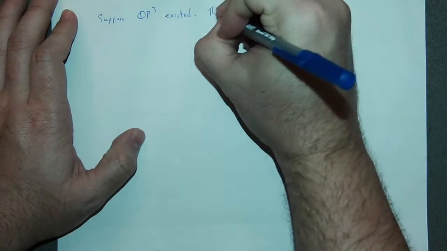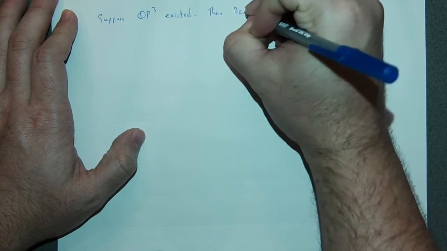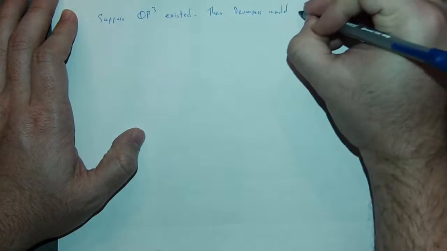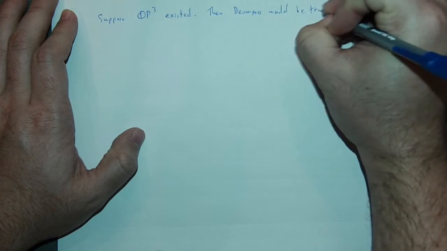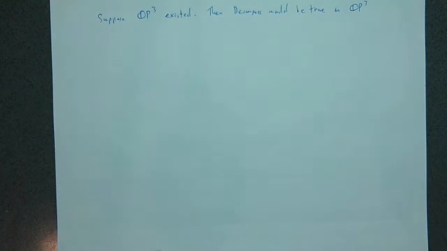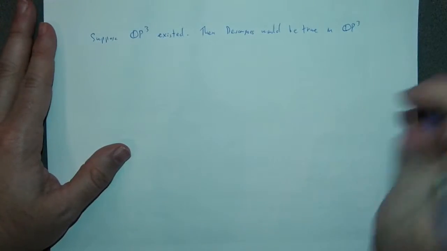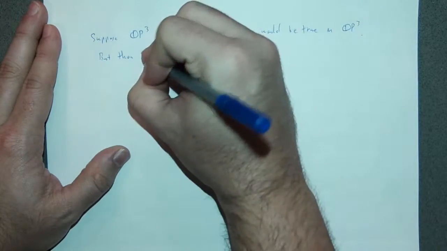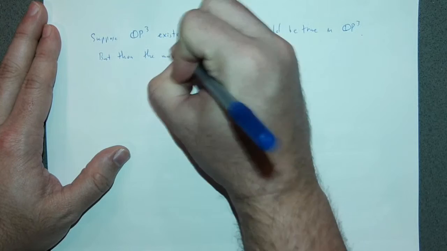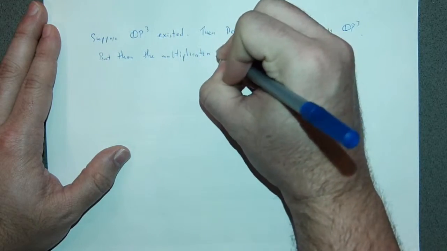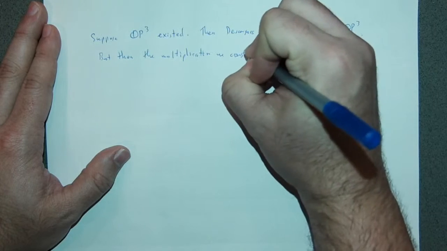Then Desargues would be satisfied, so Desargues would be true in OP3, by the fact that we just said. But then the multiplication we construct would be associative.